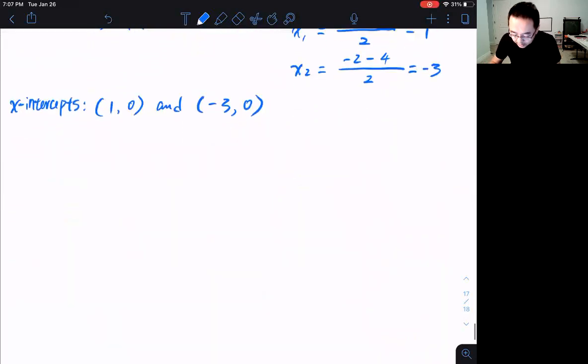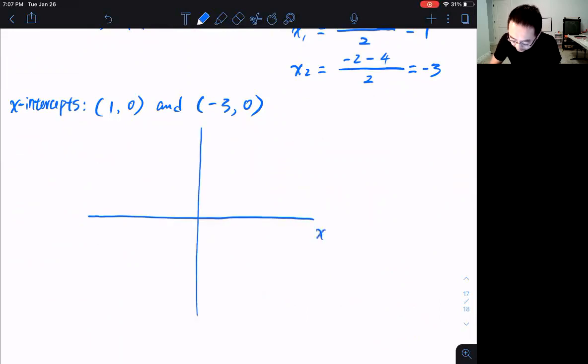Now, to kind of show you what this graph looks like based on what we've talked about. So if you have your x here, y here, 0 here, then 1, 2, 3, negative 1, negative 2, negative 3, okay?